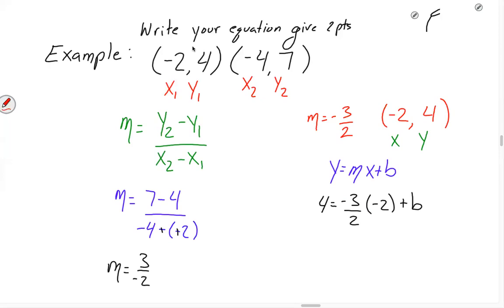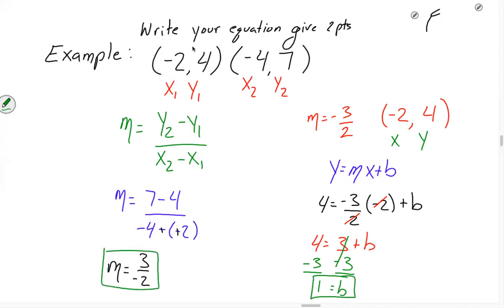Now I'm going to solve/simplify. -3/2 times -2 is going to be a positive 3, so I have 4 equals 3 plus b. Subtract 3, and b equals 1. So now that I have m and I have b, I have y equals -3/2 x plus 1.